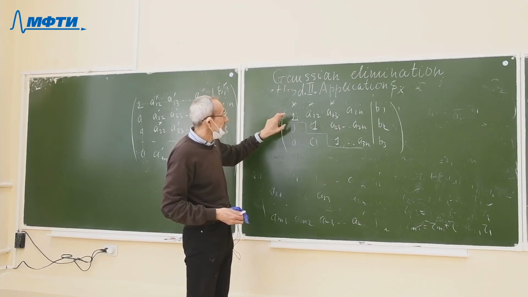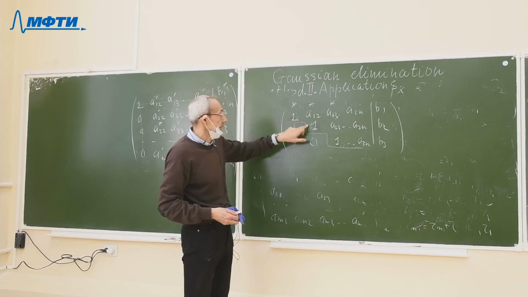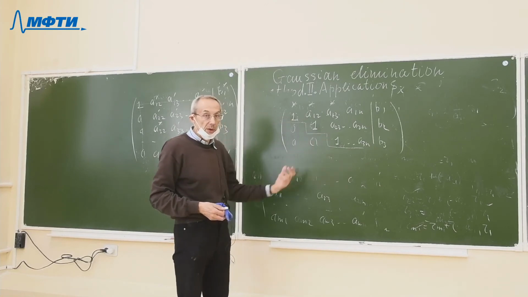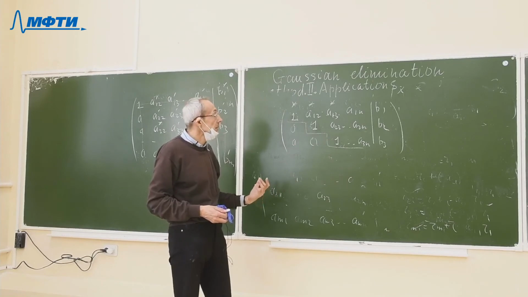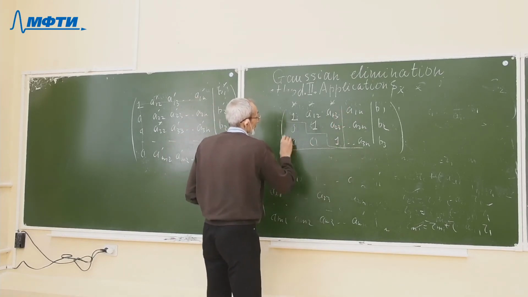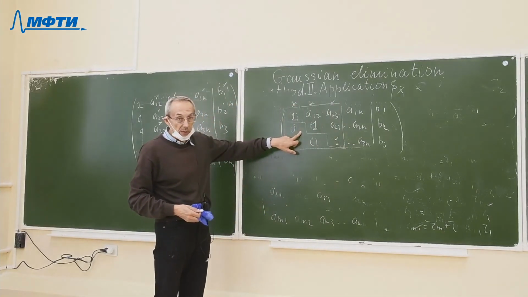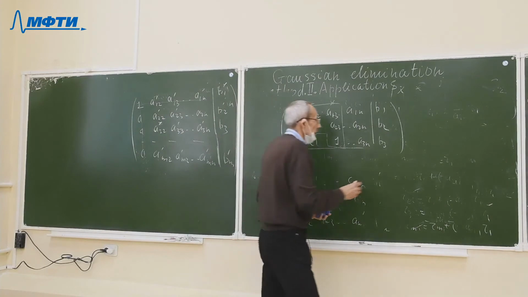In our case, the first three columns contain the leading elements, and our goal is to transform this matrix into an identity matrix. How to do this?